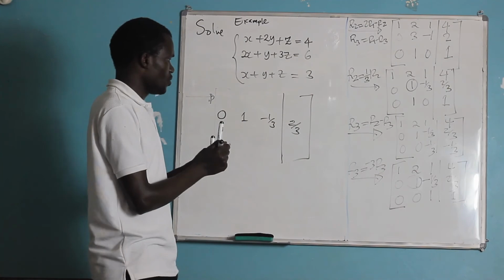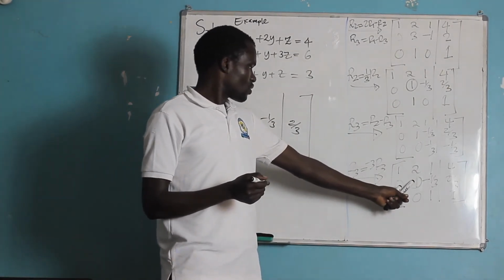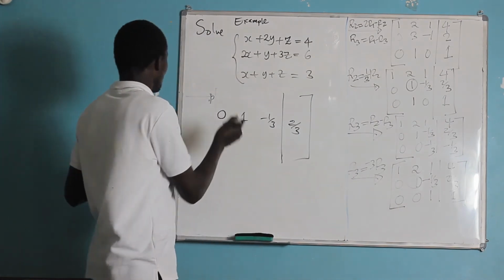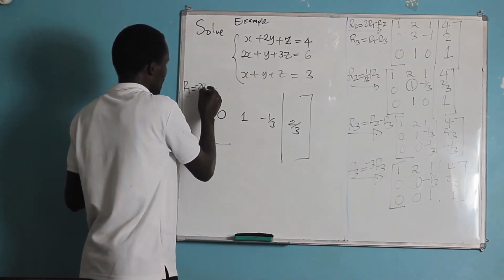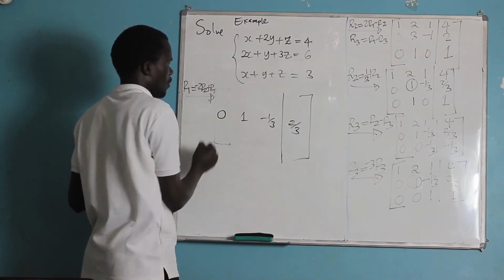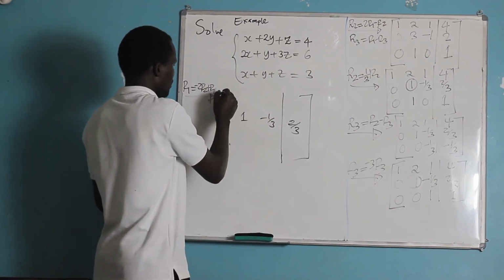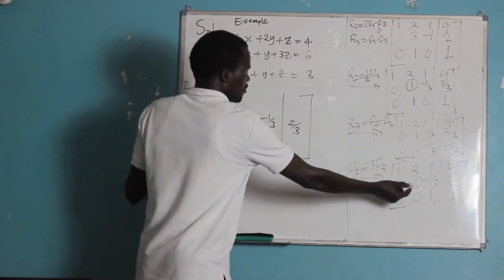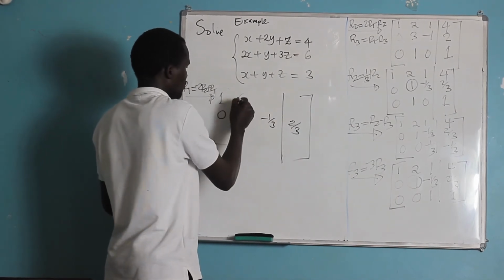So, what should we do to make this one 0? We just take negative 2 times this one plus this one. So, R1 equals negative 2 times R2 plus R1. So, negative 2 times 0 is 0, plus 1 is 1. Negative 2 times this one is negative 2, plus 2 will be 0.